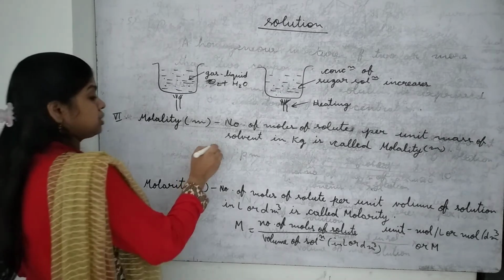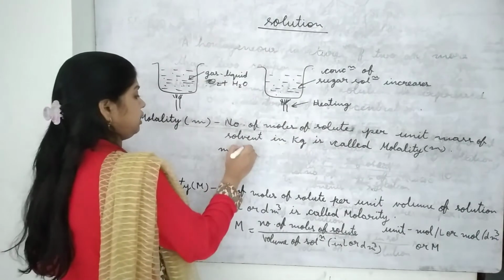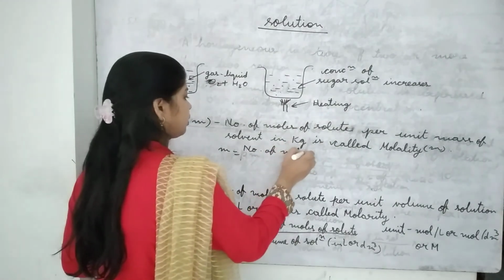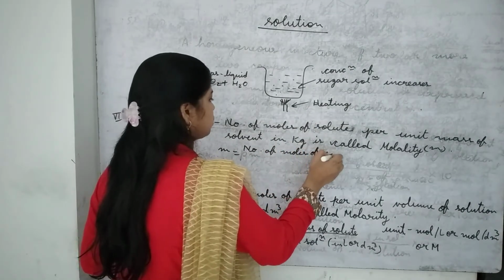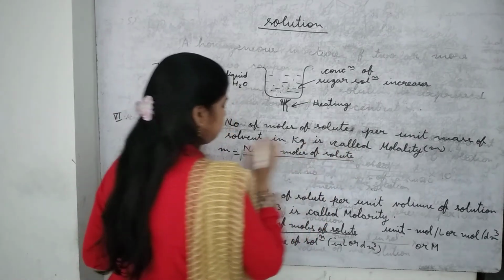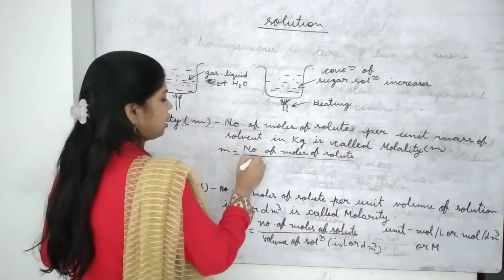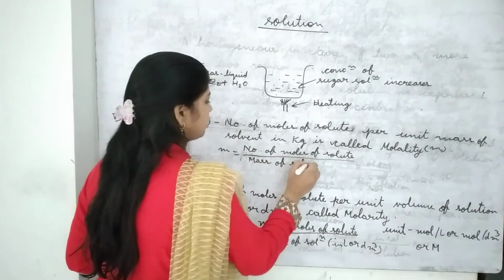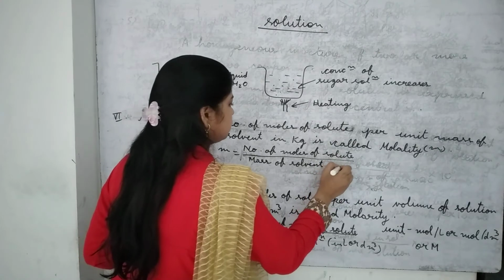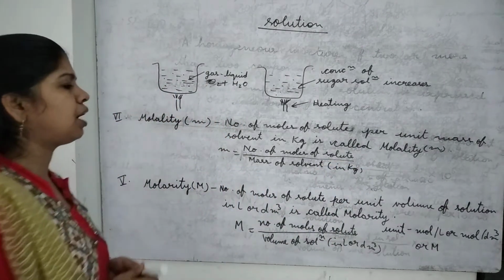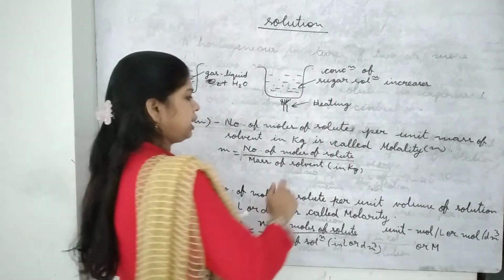So molality is number of moles of solute per unit mass of solvent in kg.